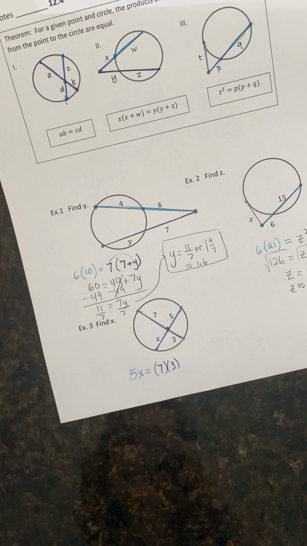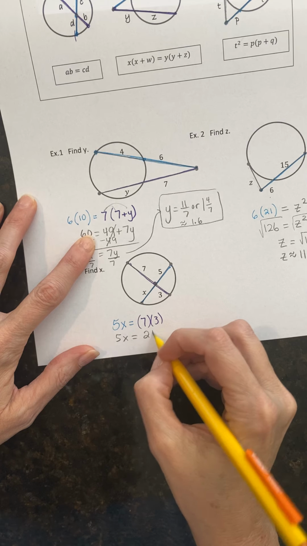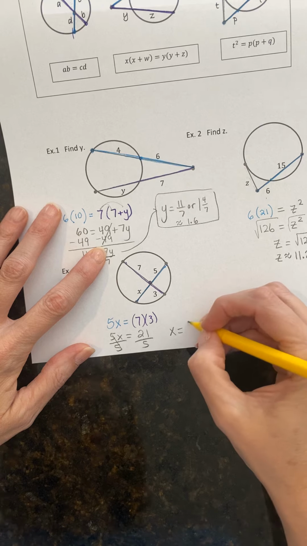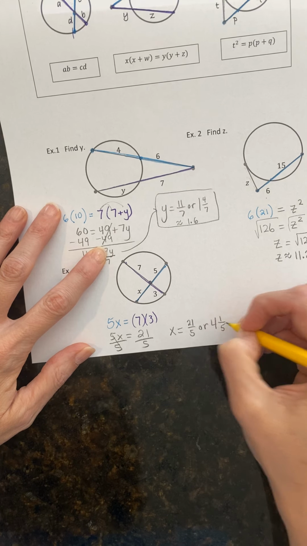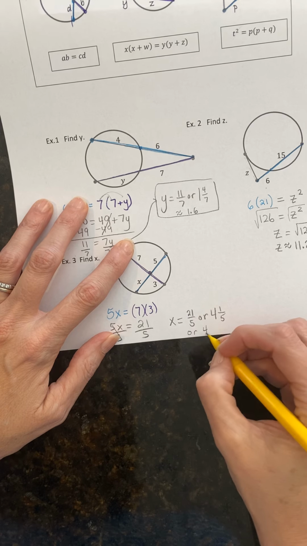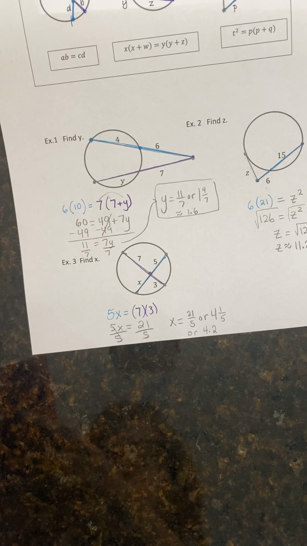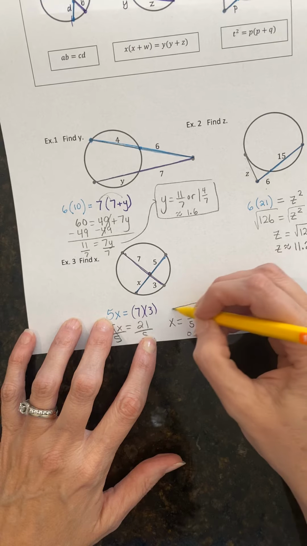That one to me is the easiest one. And you get 5x equals 21, divided by 5. x is 21 fifths, or 4 1/5, or 4.2 if you prefer that. Anyway, a decimal answer is okay is what I'm saying.